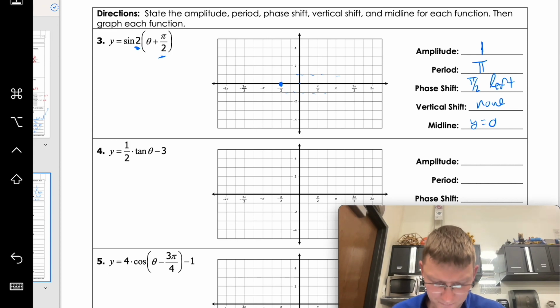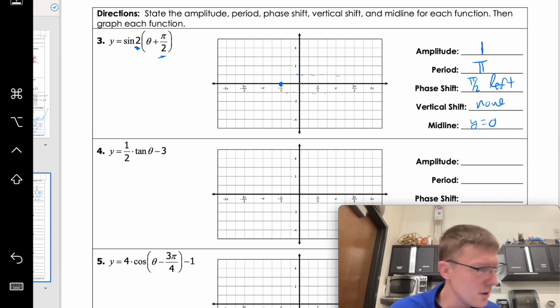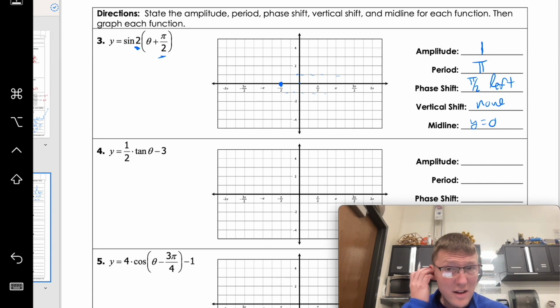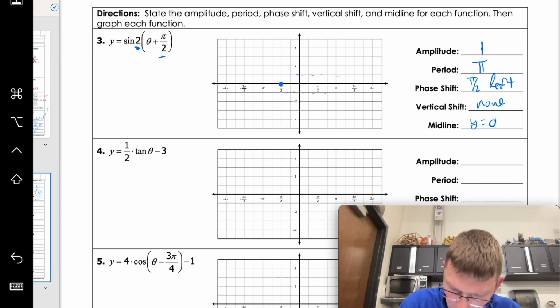So then, let's see here. At pi over 4, my calculator is in radians. So what is sine of 2 pi over 4? That's at 1. The reason I did that is I want to figure out whether I'm going up or down. So pi over 4 would be here.